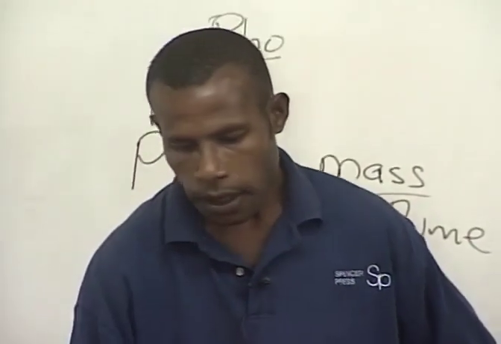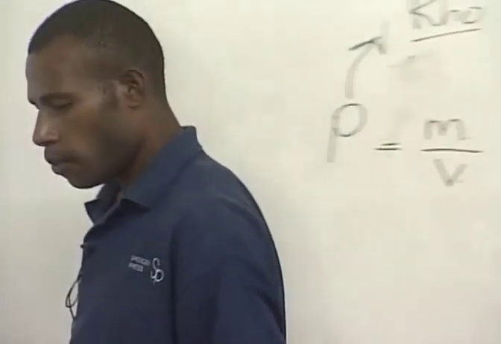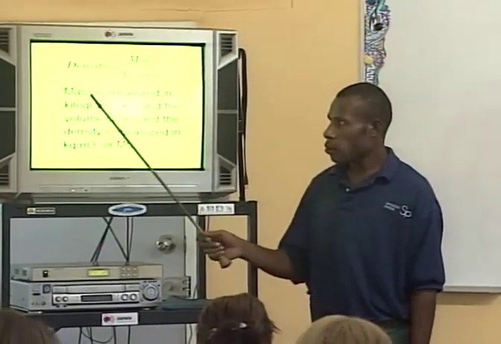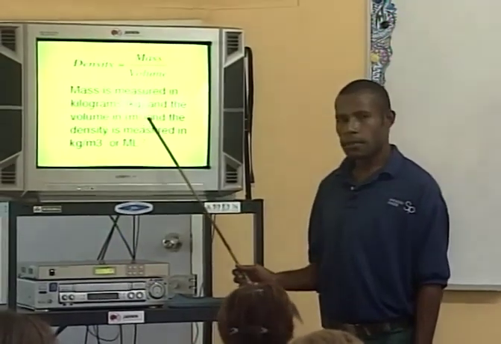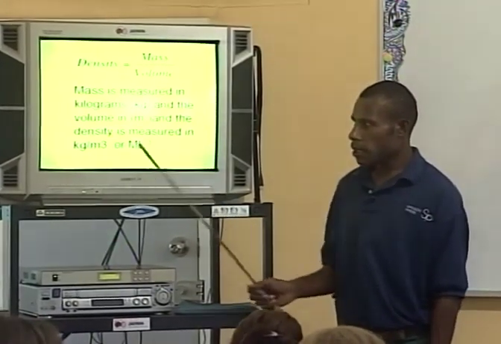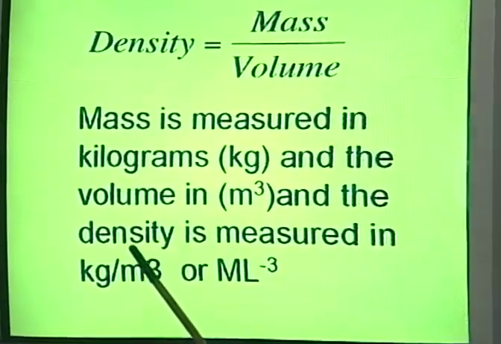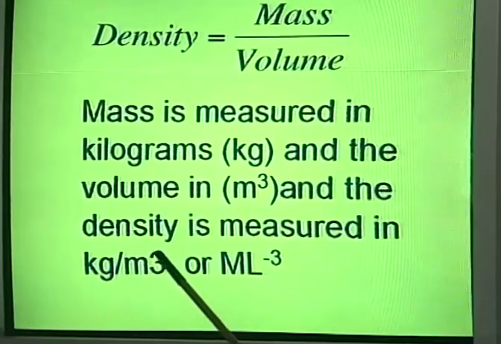All right, quickly have the formula. Now before you copy that information, I'll quickly go through it. You'll find that the density is given as mass over volume. Mass is measured in kilograms, and volume in cubic meters, so density is measured in kilograms per cubic meter, or it can be in other units of mass and length.